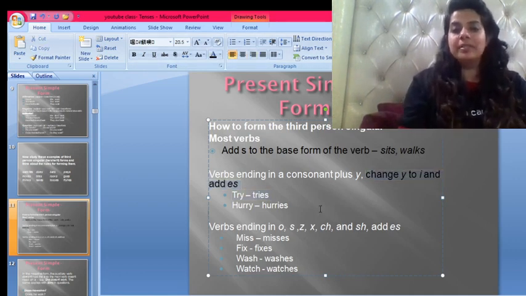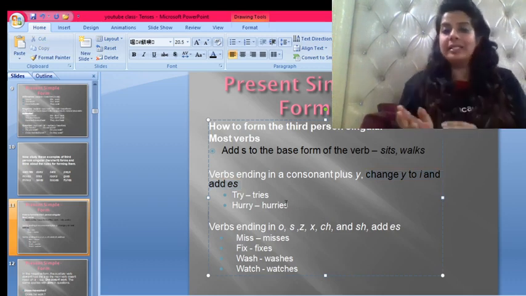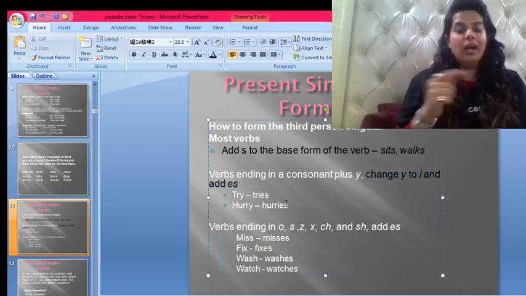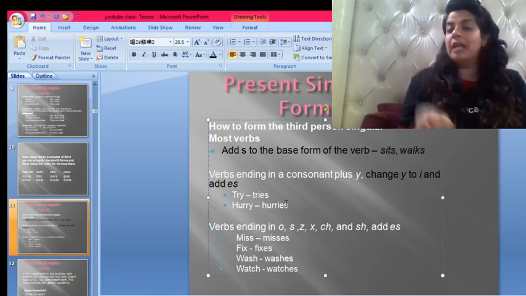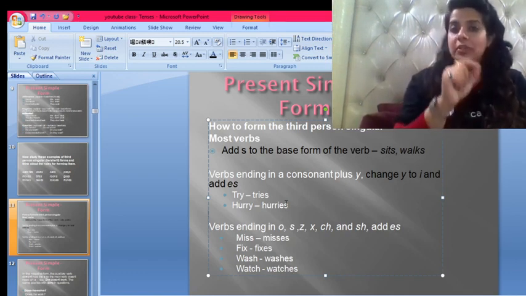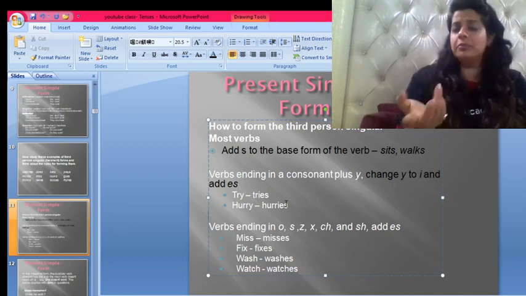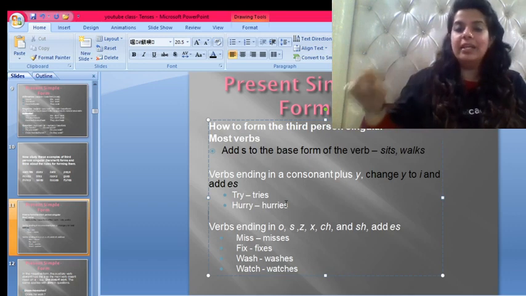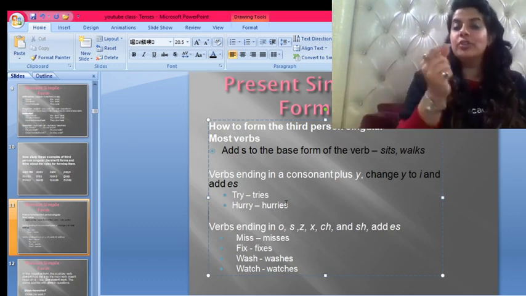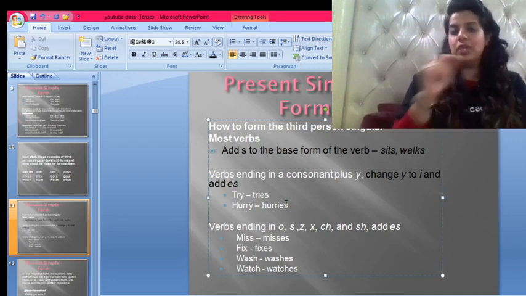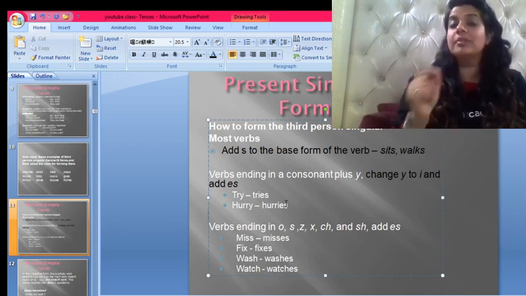It becomes try, tries, hurry, hurries. So the last letter was y, and before that there was a consonant, okay? In both cases it was r. So y changes into i and then es. So this is the second rule of forming the third person singular.